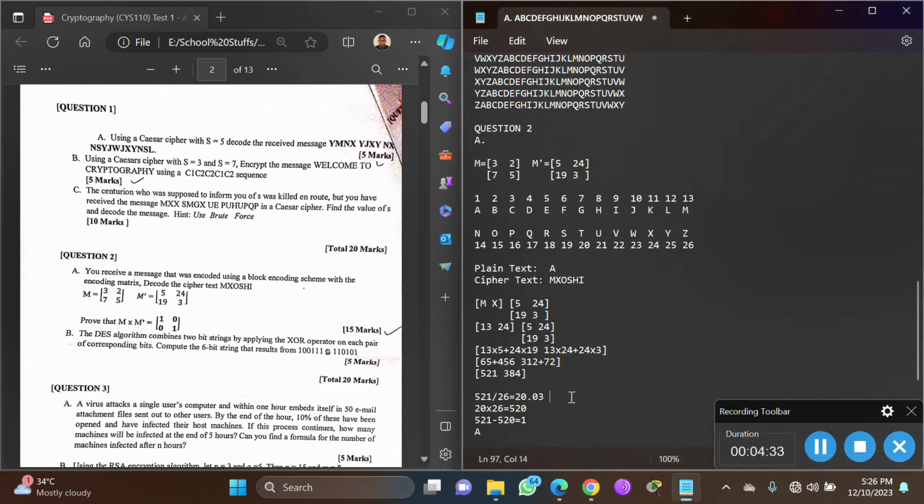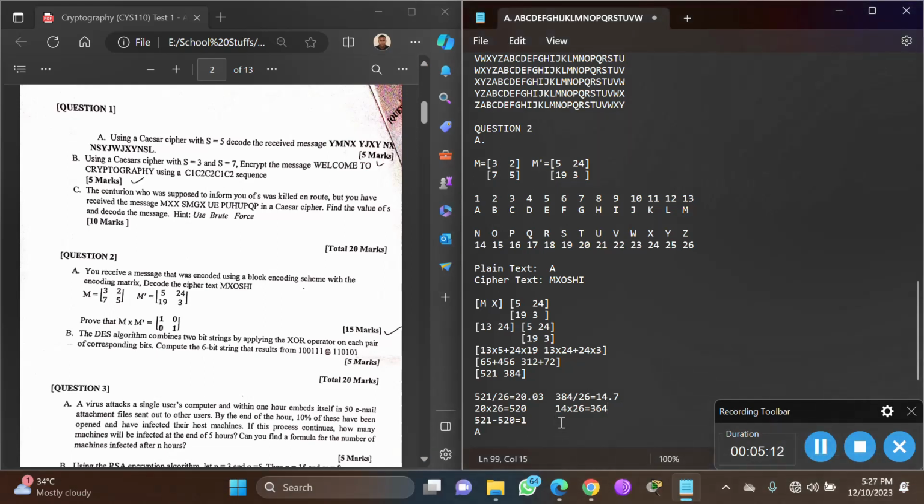So remember, again, we'll say 384, that number we have, divide by 26 for the alphabet. So we get 14.7. Then I'll say 14 without the point, times 26 for the alphabet. So it's giving us 364.